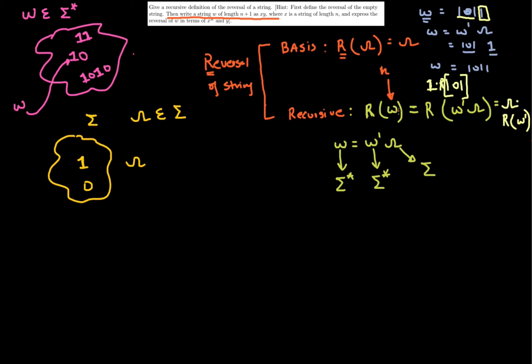If w is a string of length n, then it's obvious that the reversal function is working on w prime, and w prime is a string of length n minus 1. That is because I have stripped away the character omega. So omega has been taken off. So whatever remains in w, which is w prime, is going to be 1 shorter than w. So it's going to be of length n minus 1.